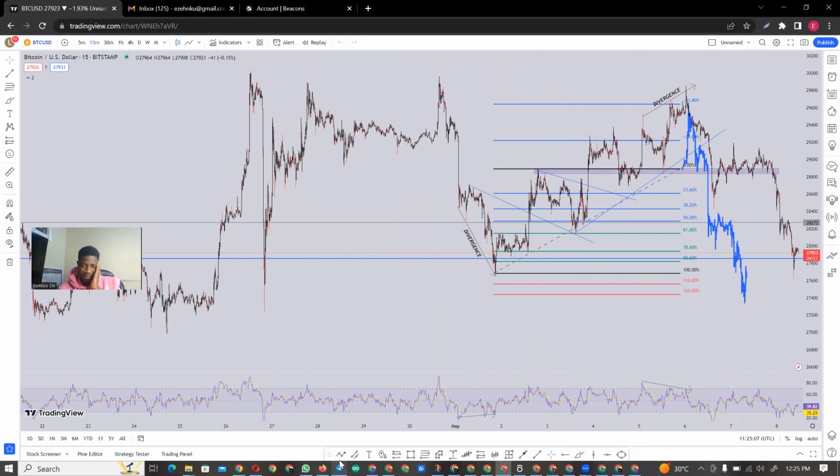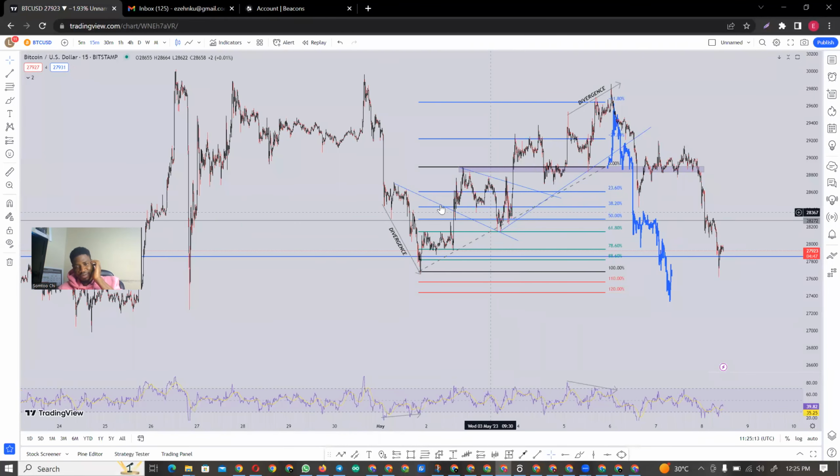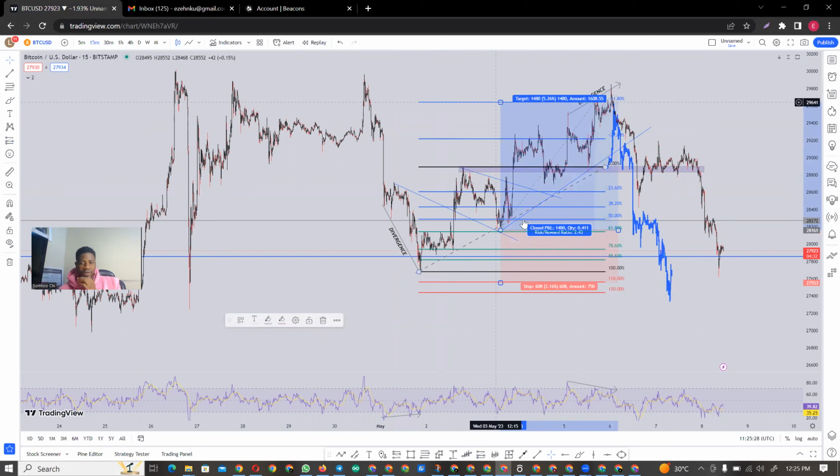I sent that chart to myself last week, Saturday. This is the buy. I've told you about this counter trend line. The buy that happened at negative 61.8, the buy that happened is just this buy, and it played out perfectly well.